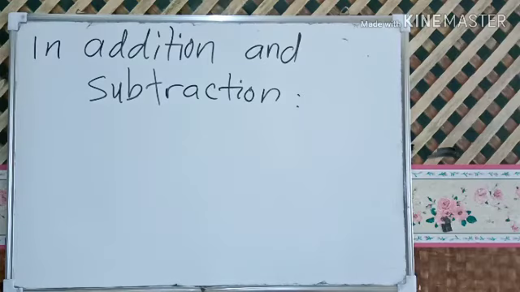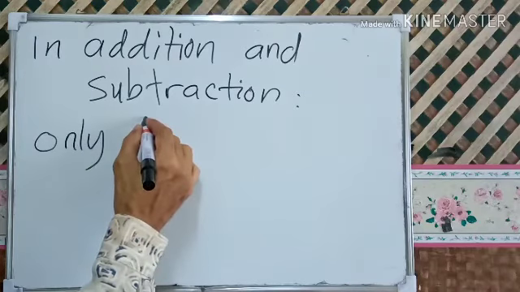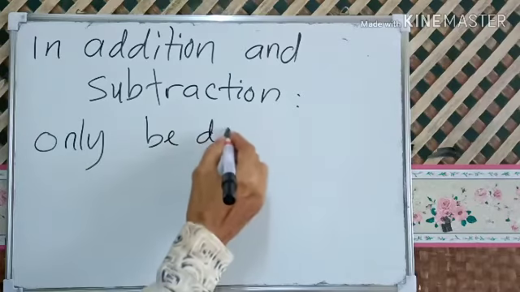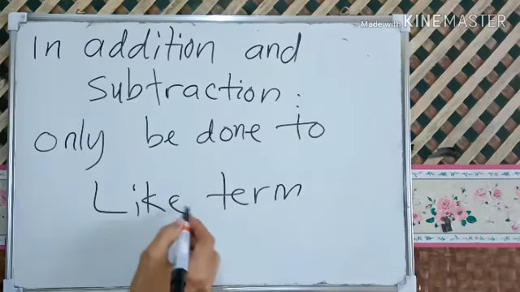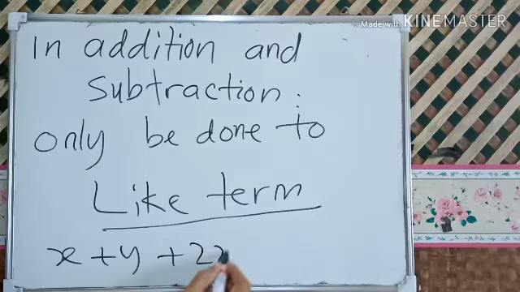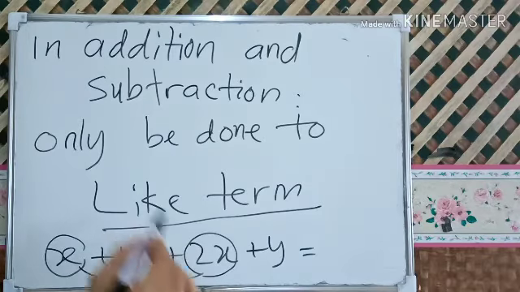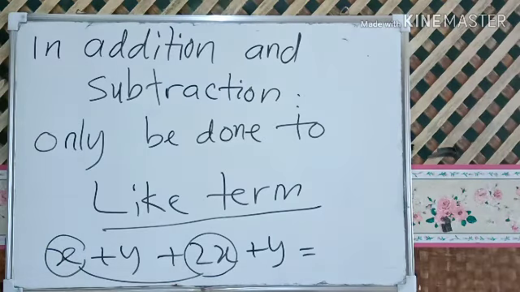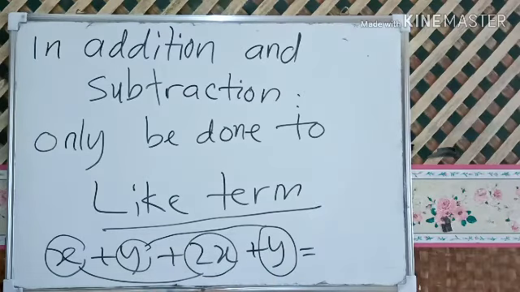In addition and subtraction, only like terms can be added. For example, x plus y plus 2x plus y: only x can be added to x, and y can be added to another y.